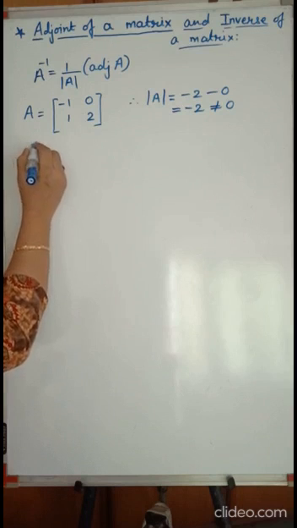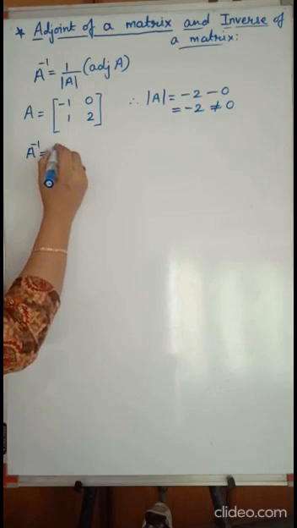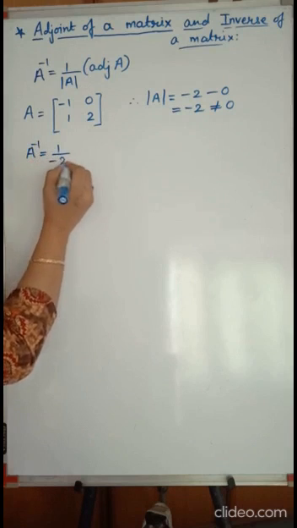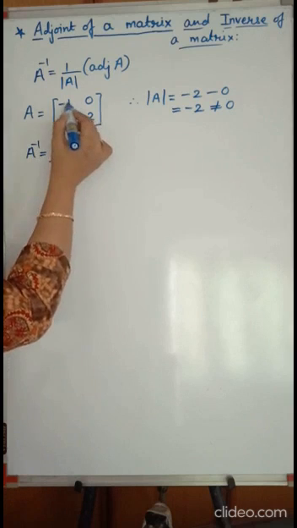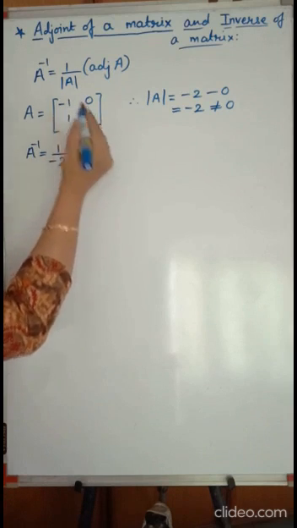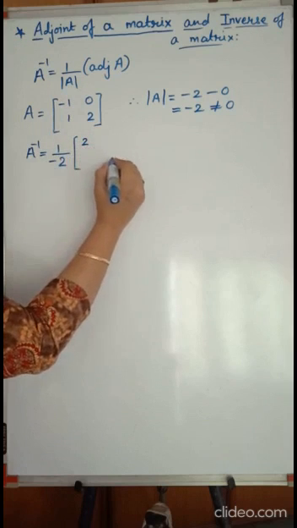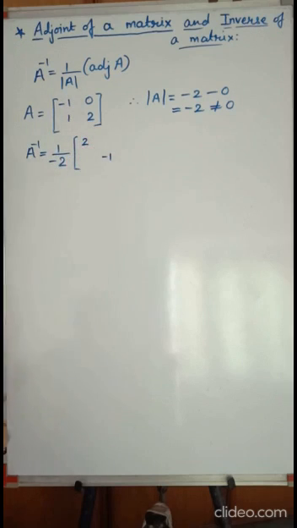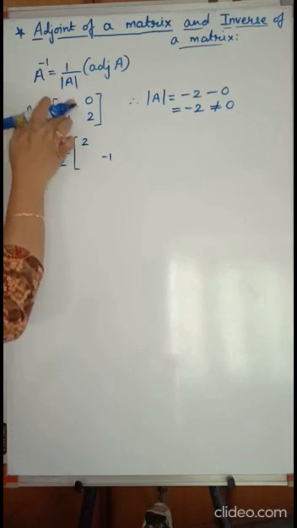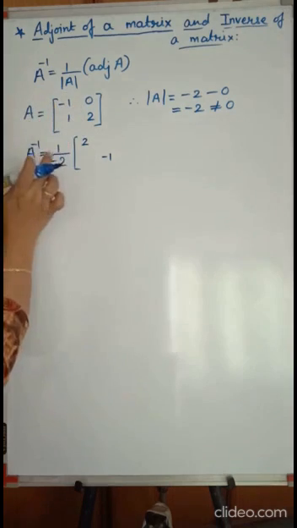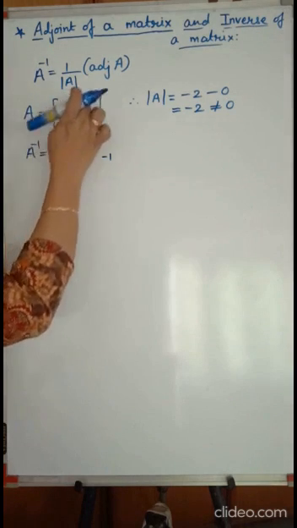So what is A inverse? It is 1 upon minus 2. Now what will I write? Just see, take care. In 2 by 2 you can do it directly, nobody is going to cut your marks for that. You interchange the places of these two, so 2 will be here, minus 1 will be here. So first step is you have to interchange these two places, and second step is you need to take the negative of these two.